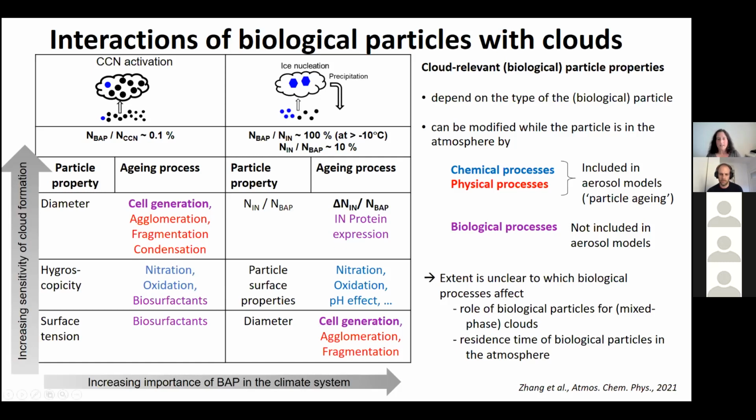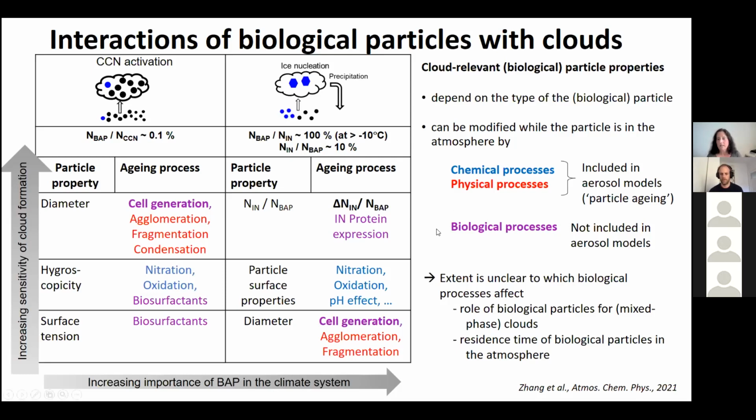For ice, the ranking is different again. These sensitivity studies have been done before, but they have never been done really with the aspect of how biological processes can modify biological particles. So that is not only affecting clouds, but it's also affecting the residence time of these biological particles in the atmosphere.